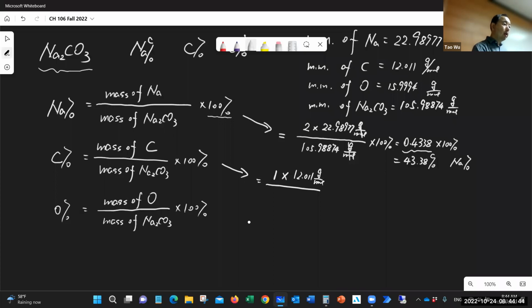And you divide by the total molar mass of the sodium carbonate, which is 105.98874 grams per mole, and you multiply by 100%.